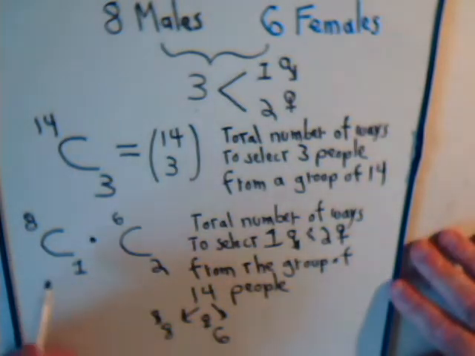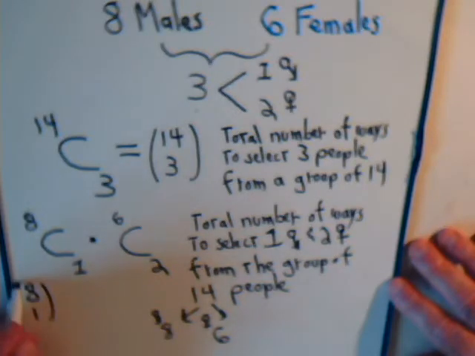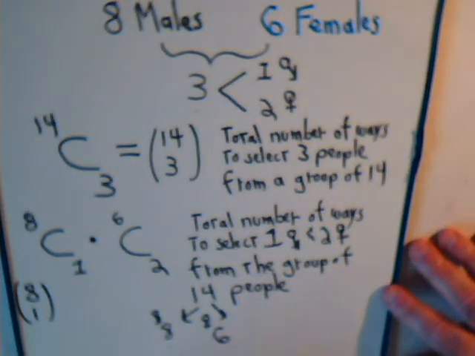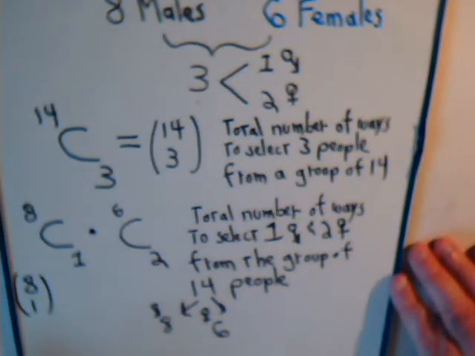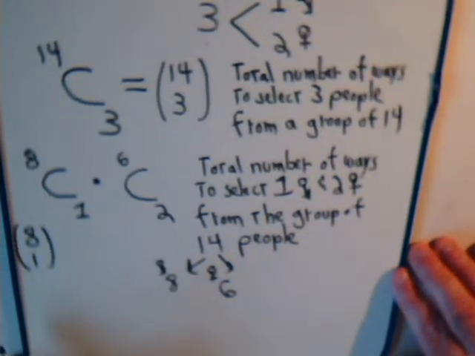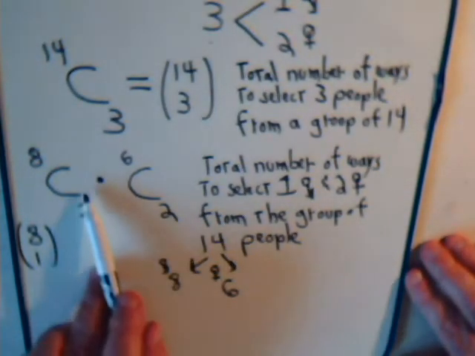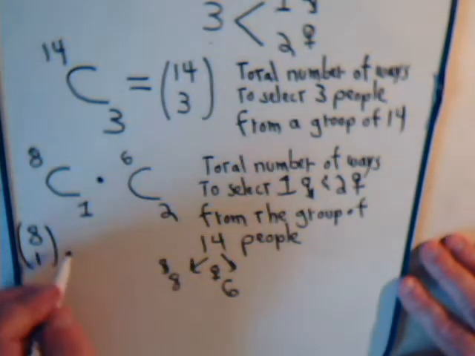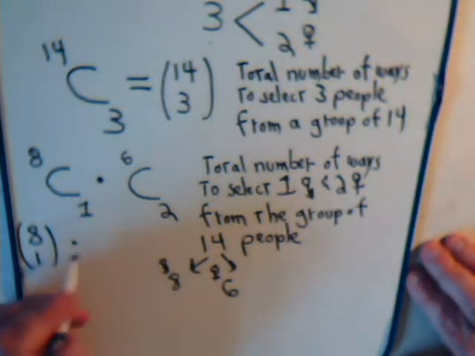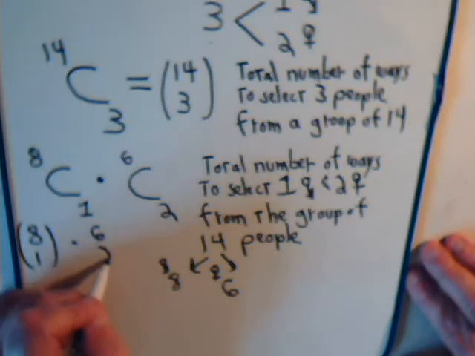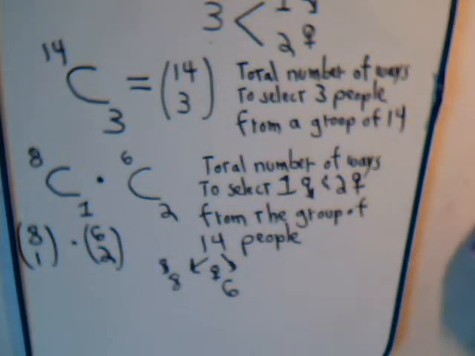And this, of course, is just the binomial coefficient 8,1 times the binomial coefficient 6,2. Now, let's take a look at this binomial coefficient expression.